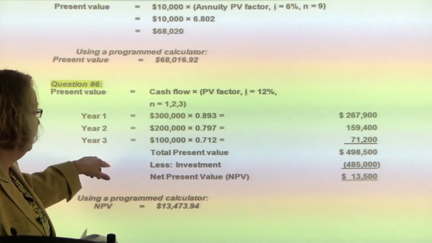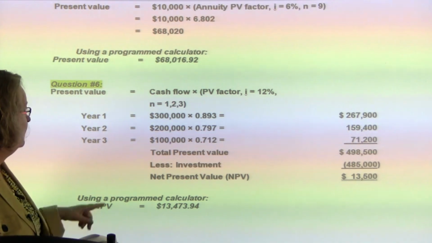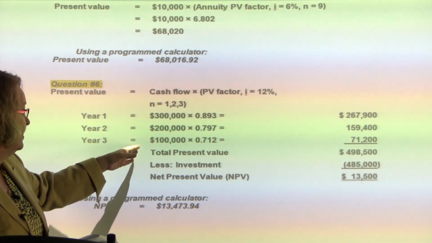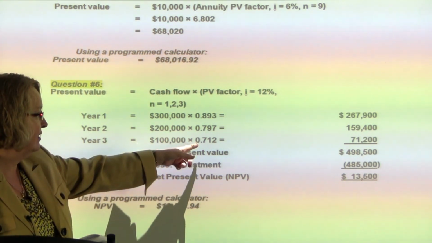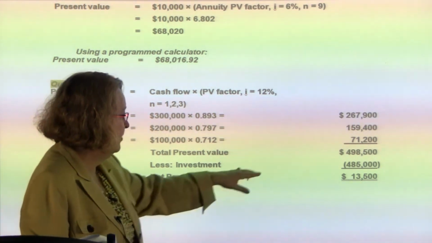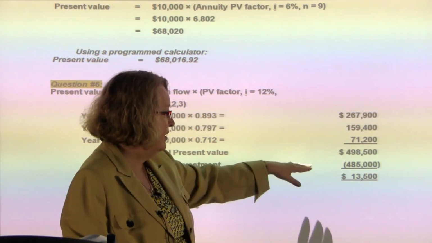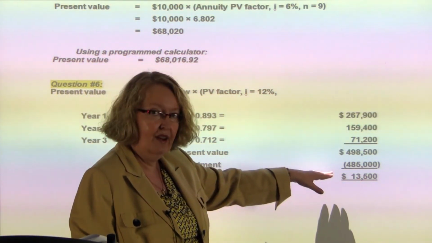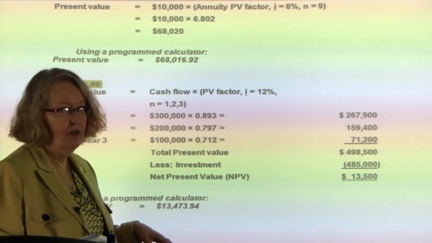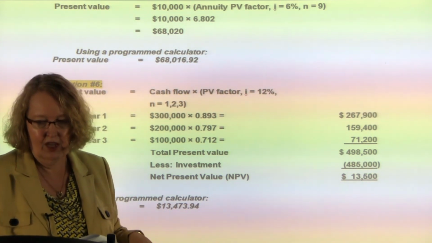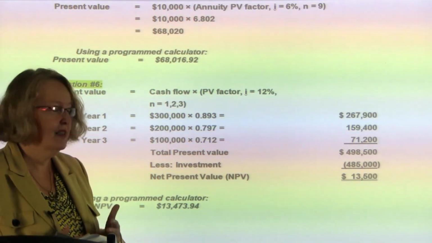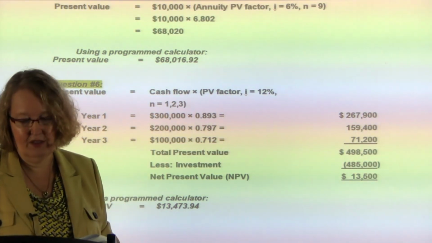So you're going to have 12% n equals 1, 12% n equals 2, and 12% n equals 3 to locate these factors. The present value of that is $998,500. The investment was $485,000. So this leaves you with a positive net present value of $13,500. So it would be beneficial to make the investment because the net present value is positive.